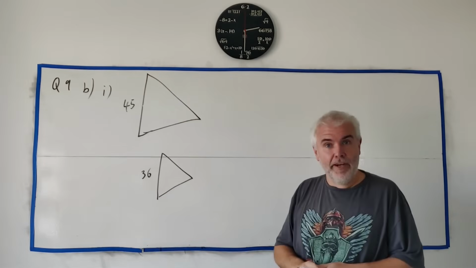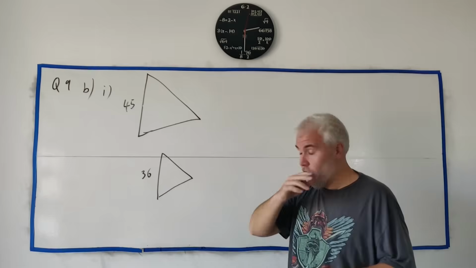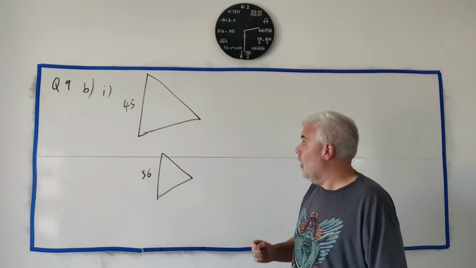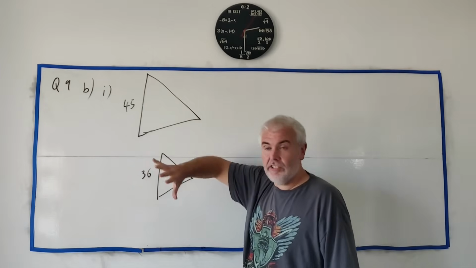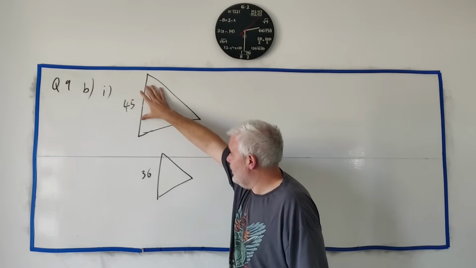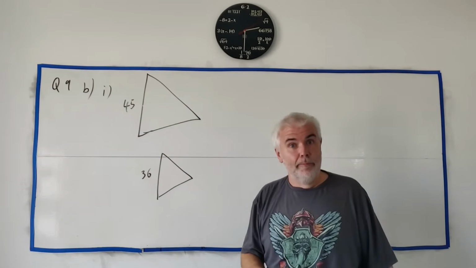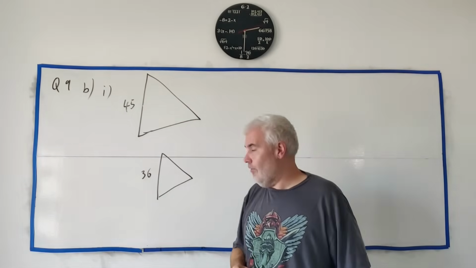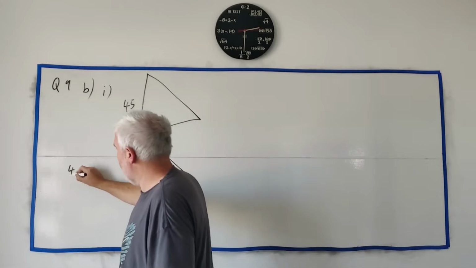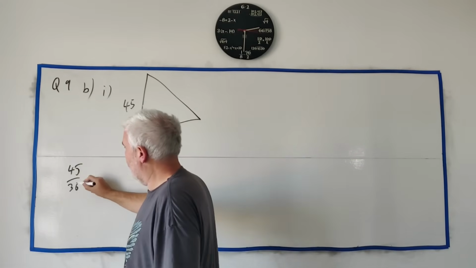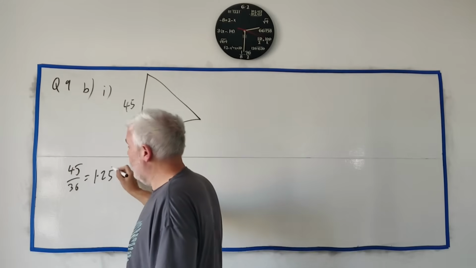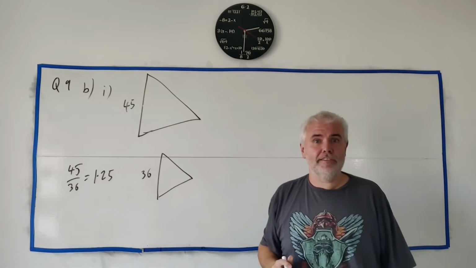To find the scale factor, when two objects are similar, they're just an enlargement of the other, we take two of the matching sides, so in this case this length, and divide them. That number is the scale factor. So in this case it's 45 divided by 36, and that equals 1.25, and that's the answer there.